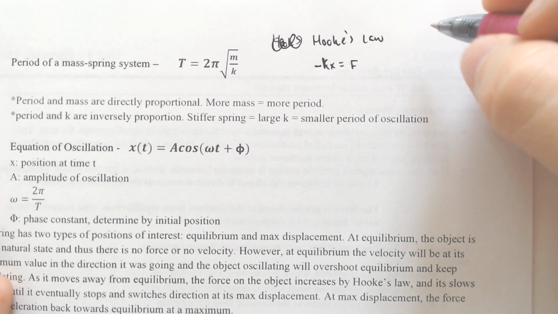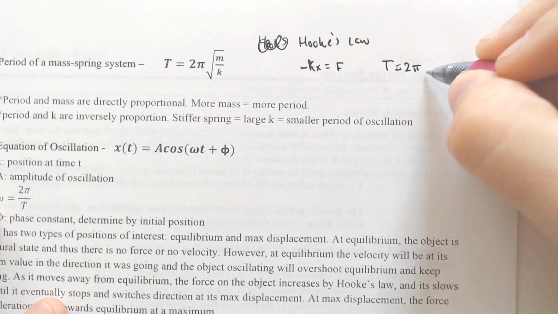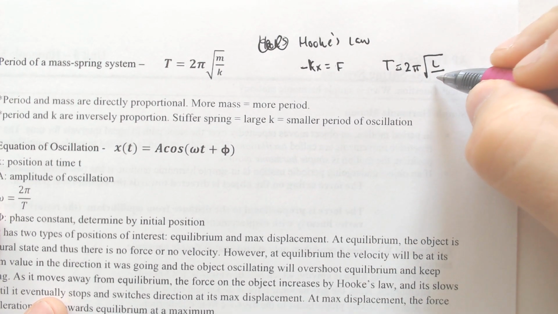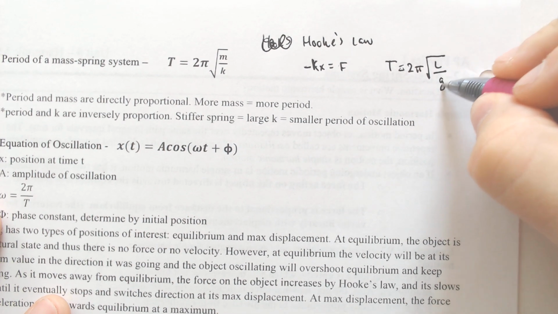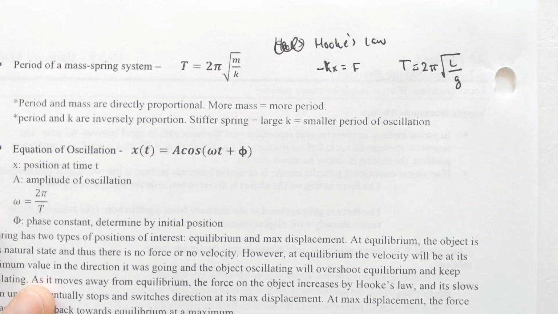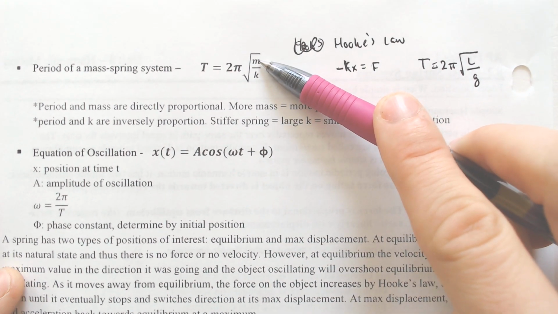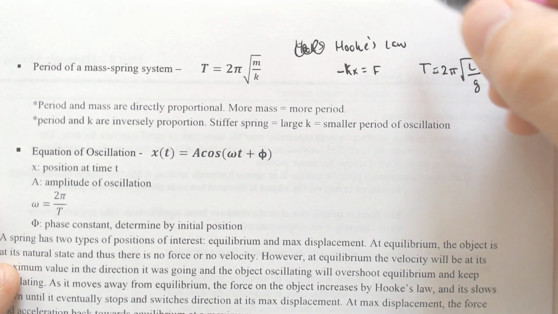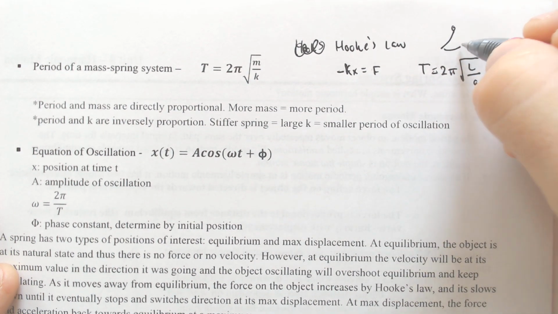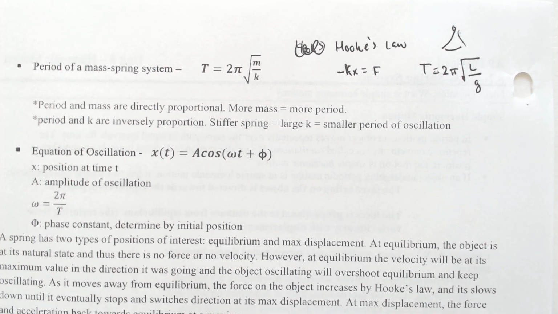And it also relates very similarly to the pendulum's period. The pendulum's period is 2 pi times the square root of L divided by g, because gravity is the force there. So a lot of similarities. Here we have mass divided by the spring constant, and here we have L, the length of the string, divided by gravity for the pendulum.